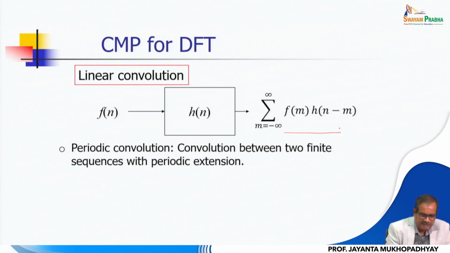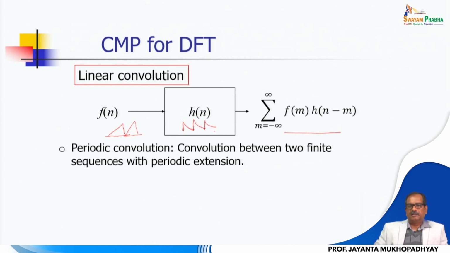So, which means that now if I have a certain signal like this, say it is a periodic signal, and let us consider that it is also discretized, and another impulse response which may look like this, that means an impulse response which is also periodic.